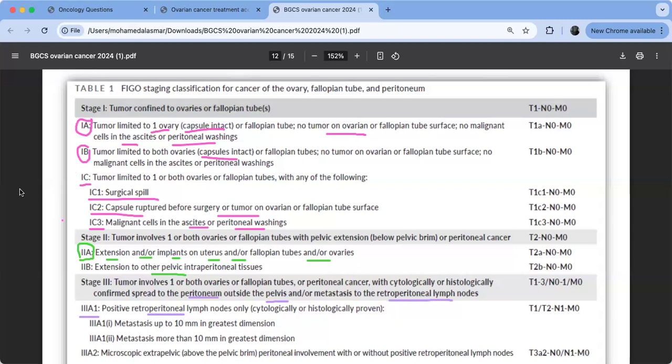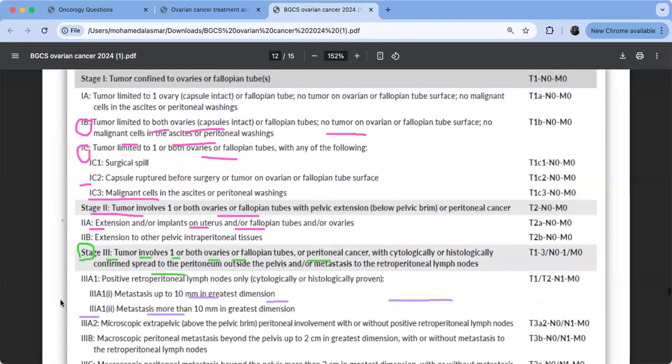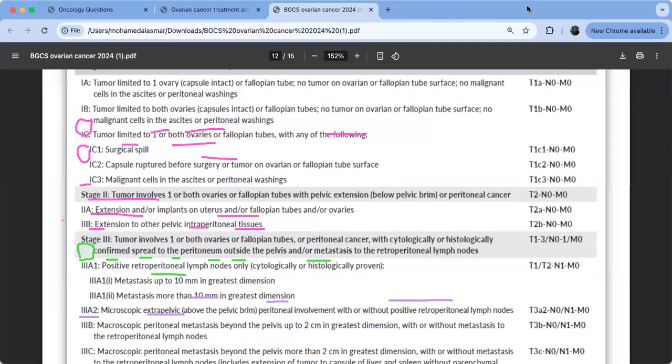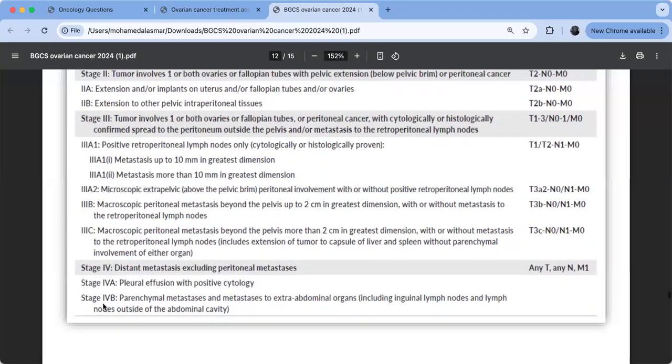According to the size of the metastasis, they have substages of 3A1, 1 and 2. Remember for 3A1, 1 is metastasis up to 10 millimeter in greatest dimension. The second one is metastasis more than 10 millimeter in the greatest dimension.